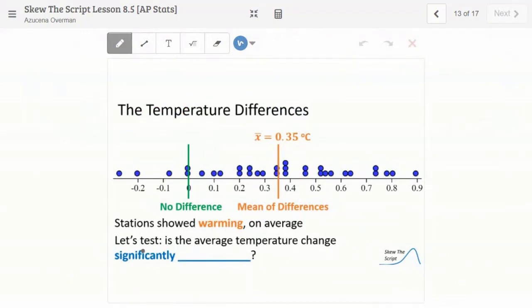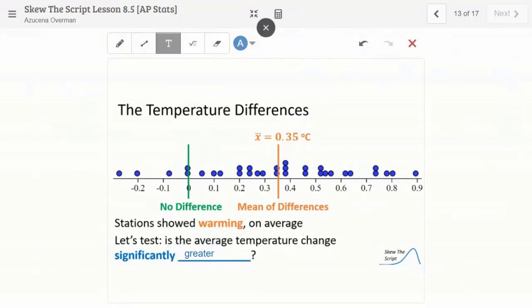So stations showed warming on average. So let's test. Is the average temperature change significantly different, significantly higher? What do you think we want to do on that one? So we'd probably say positive here. Let me put test. Right? Greater. I'm going to put greater.